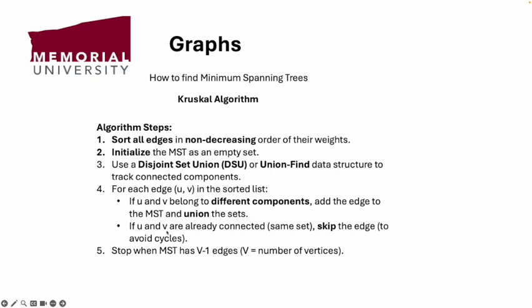If U and V are already connected in the same set, skip the edge to avoid a cycle. It stops when the MST has V minus 1 edges, where V is the number of vertices. So this is N minus 1 edges. It counts by vertex, but the loop is based on the edge.